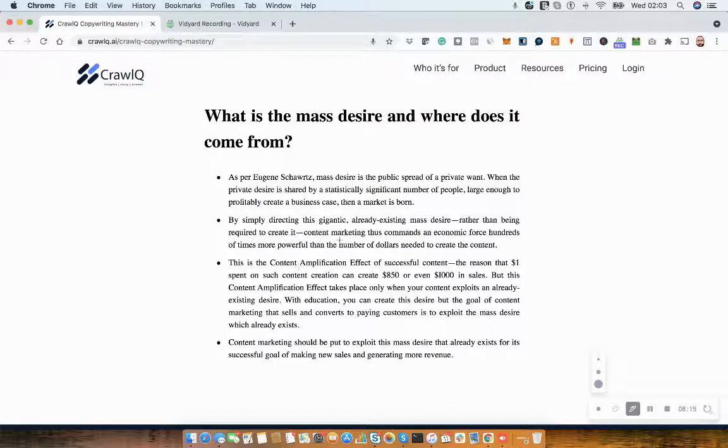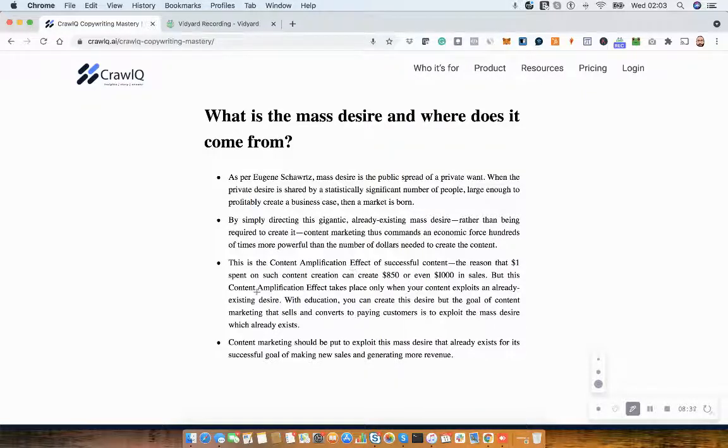Eugene Schwartz called it the content amplification effect of a successful content. You can see the reason that $1 spent on such content creation can create $150 or even $1,000 in sales. This is really the content amplification effect.